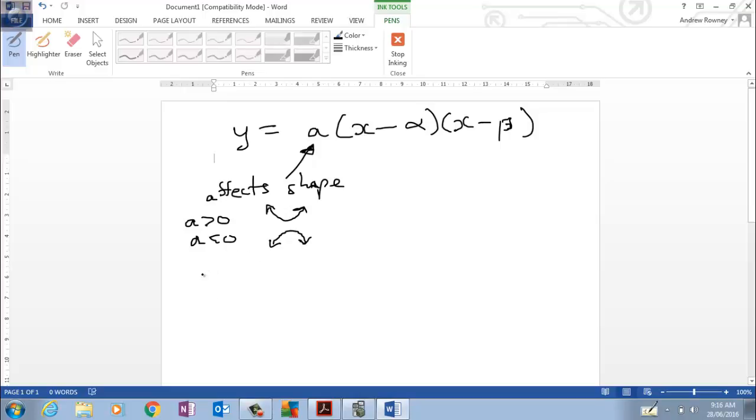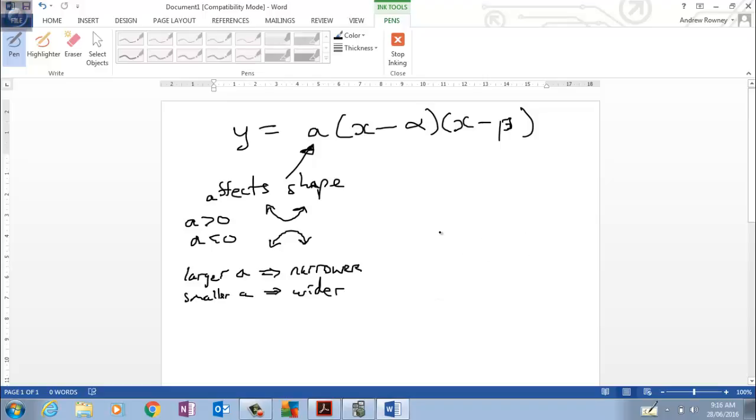And also when A is bigger, then it's wider. So we can say the larger the A implies that it is narrower, and the smaller the A means you are wider.